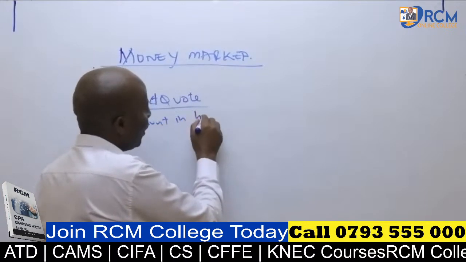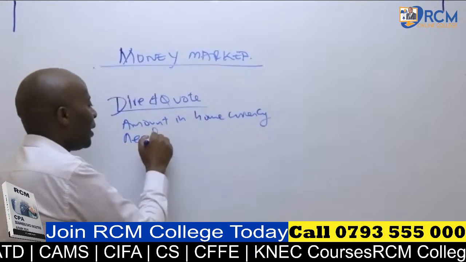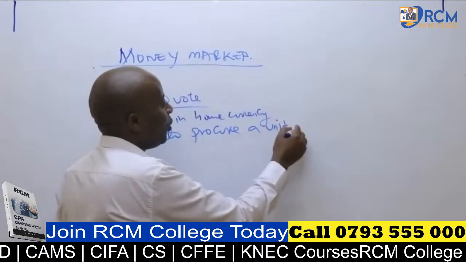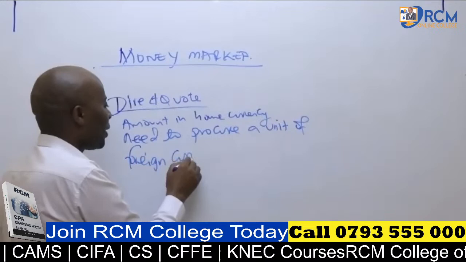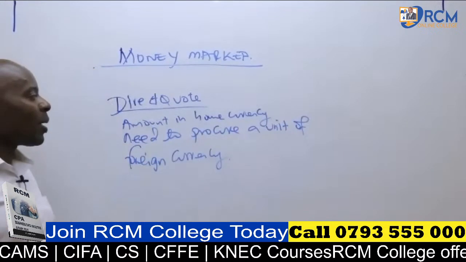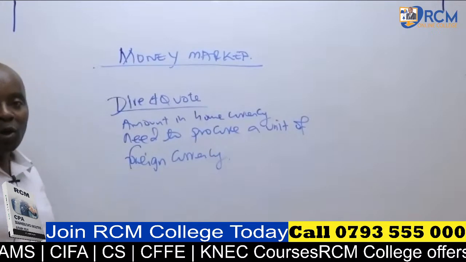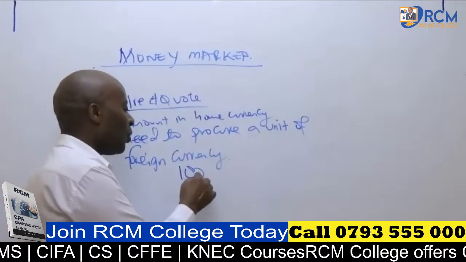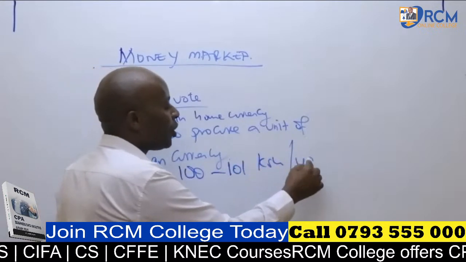Amount in terms of home currency needed to procure a unit of foreign currency. Amount in terms of home currency needed to procure a unit of foreign what here? Foreign currency. E.g., you could be given like 100 to 101 Kenya shillings per US dollar.